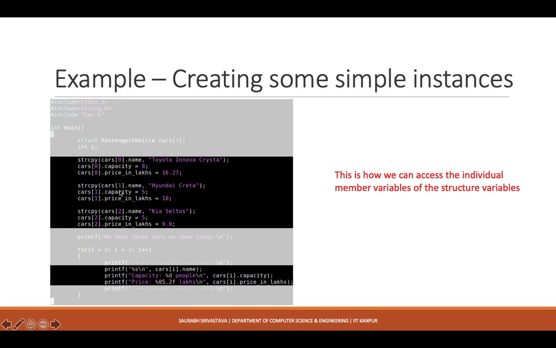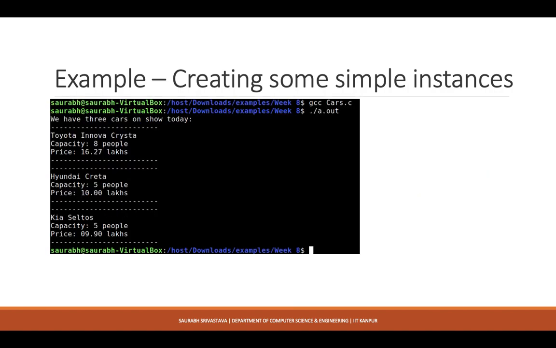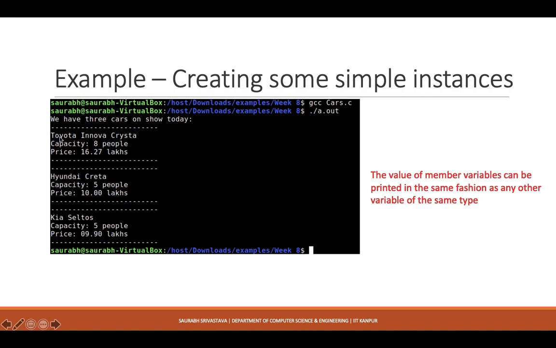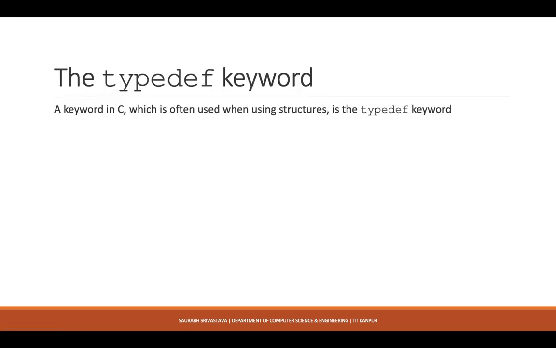So you can access it in a fashion that is similar to how you access individual variables in C. If you run this code, this is how you can print the values, similar to how you print values for an integer, for a character, for a float. You can do all these things using the dot operator with the structure variable.